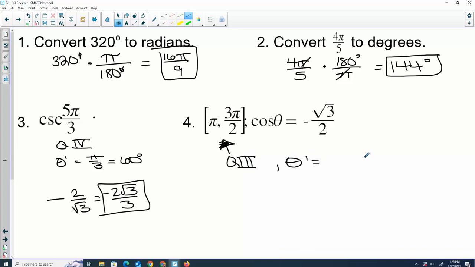When is cosine radical 3 over 2? Since this is in radians, let's answer it in radians. So 30 is the same as pi over 6. So pi over 6 in quadrant 3 means the top is 1 higher, so 7 pi over 6.